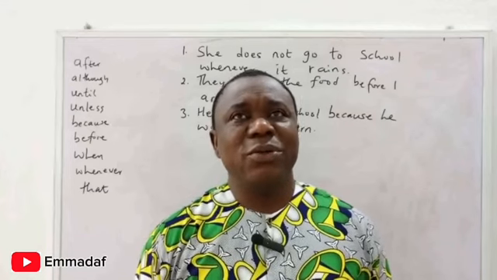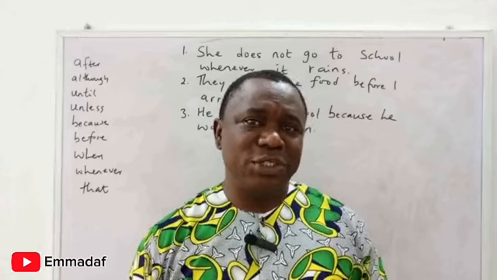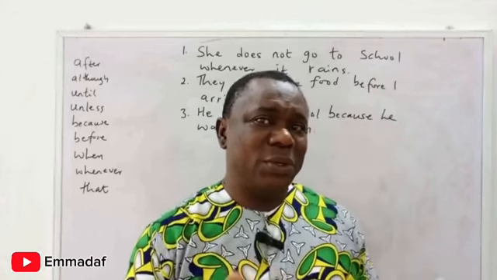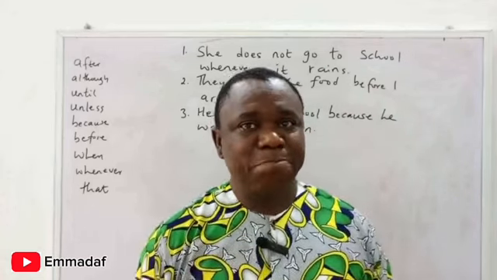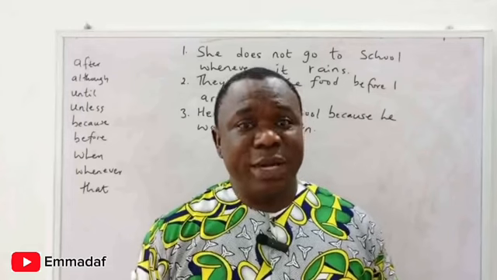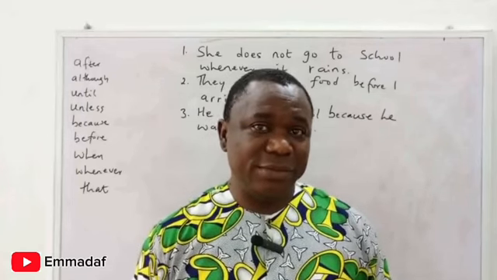So, although we are looking at punctuation marks, let's try to respond to this issue by focusing a bit on clauses. Now, clauses are divided into two main parts. We have the main clause and we have the subordinate clause.